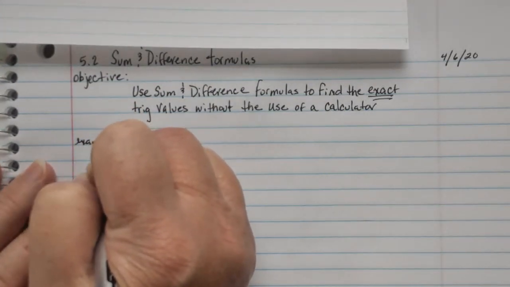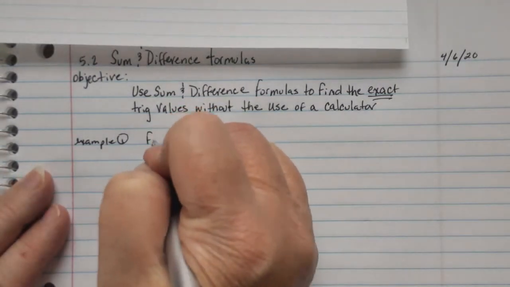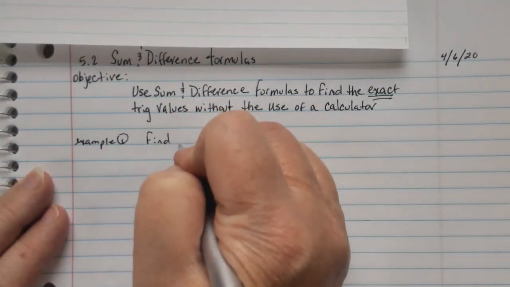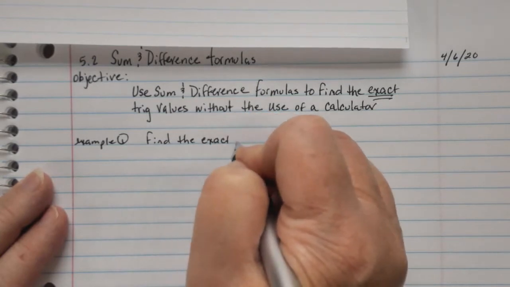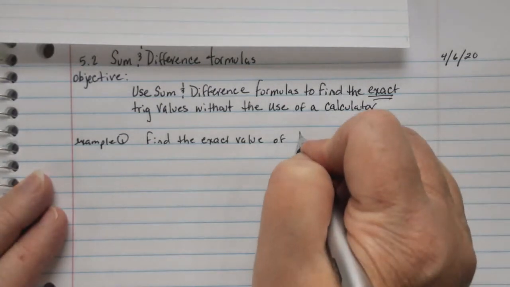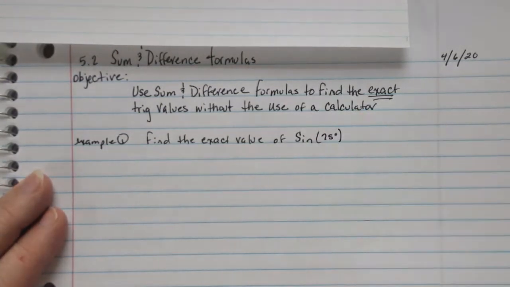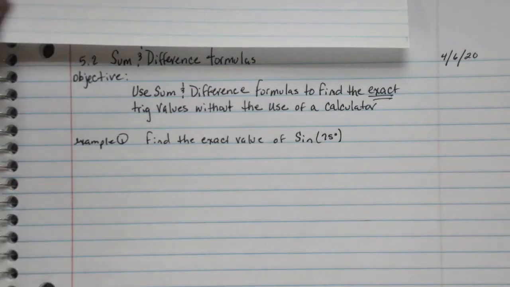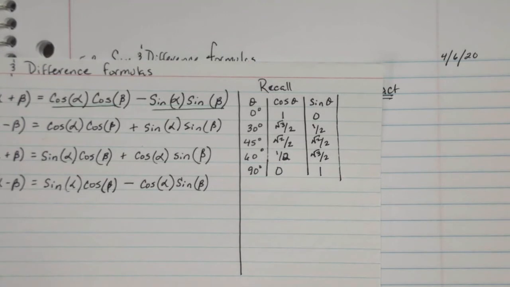Here's our first problem. Example 1. Very basic example. Let's find the exact value of sine of 75 degrees. Alright, so notice that sine of 75 degrees is not on our list of ones that we know.